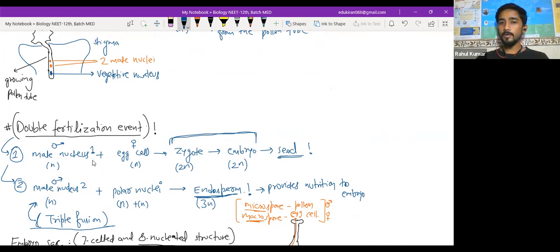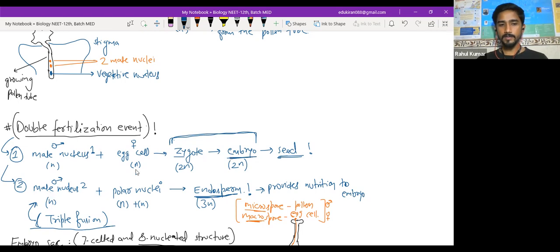There are two male nuclei, you all know. The generative cell divides and forms two male nuclei. The first male nucleus fuses with the egg cell inside the embryo sac and makes a zygote that develops into embryo. This is what we are going to study now.